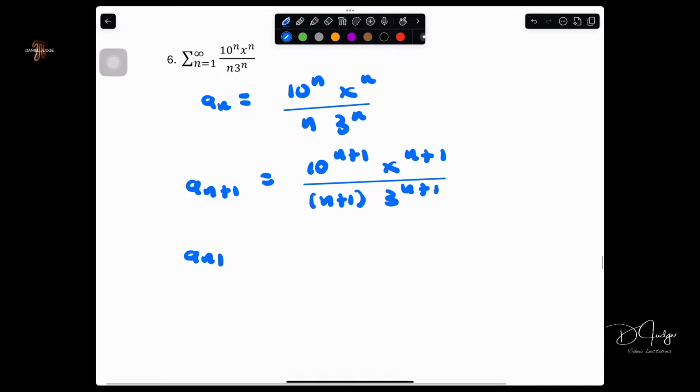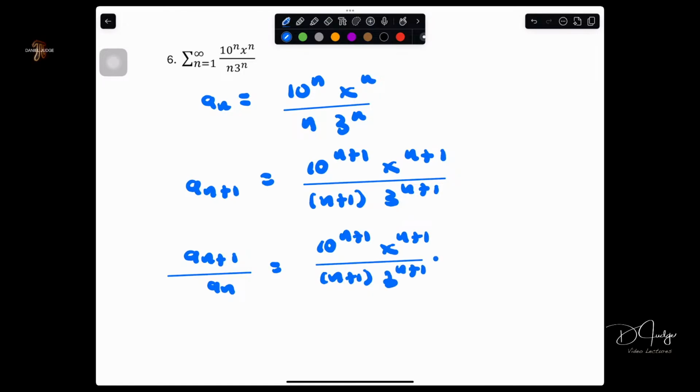So looking at this ratio again, be smart in a sense that you write this as a product, not a quotient. So you're multiplying by the reciprocal of a_n, which is n times 3 to the n over 10 to the n x to the n. So now, again, this is an absolute value.